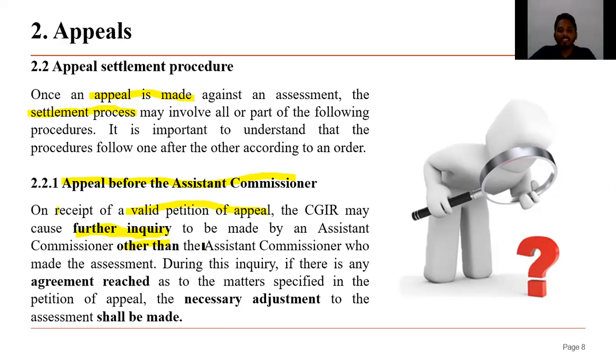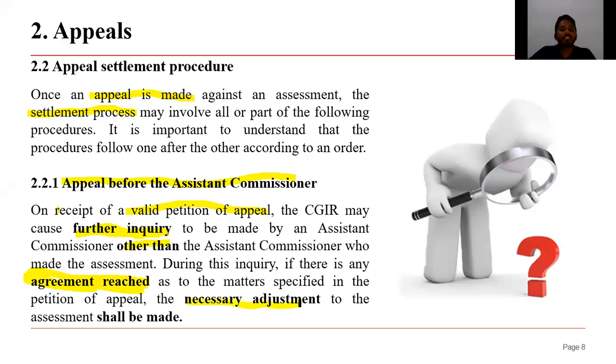If they see a requirement for additional documents, they will call for them. This is the inquiry. During the inquiry, if any agreement is reached, you will go and discuss with the appeal hearing unit commissioner and the assistant commissioner, and you can reach an agreement on the matter specified in the petition.